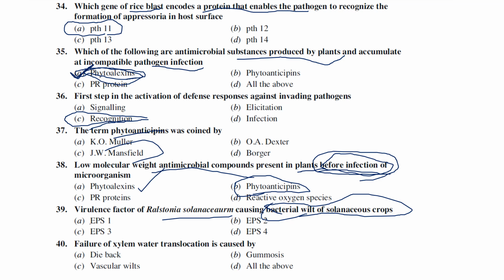Exopolysaccharides, EPS1 I think. So EPS1 acts as a virulence factor for Ralstonia solanacearum. There are races also, 1, 2, 3, 4, something like that. Next: failure of xylem water translocation is actually caused by dieback, gummosis, vascular wilts, all the above. Most importantly, vascular wilt blocks the xylem vessels, so there will be no translocation of water. So generally, vascular wilts.